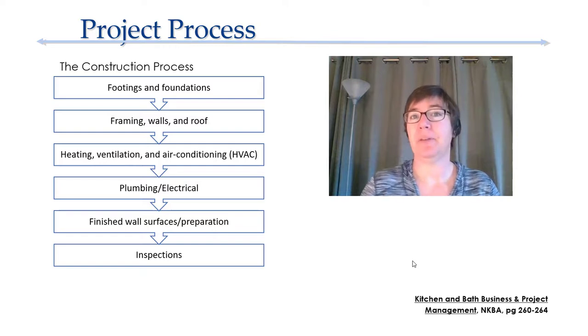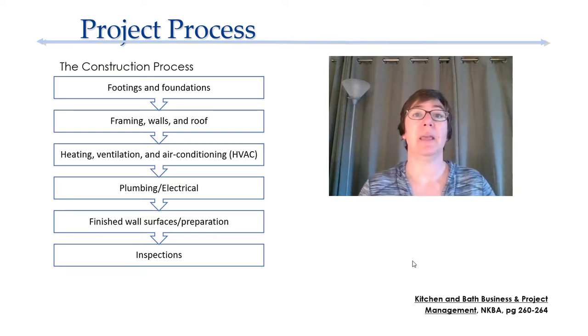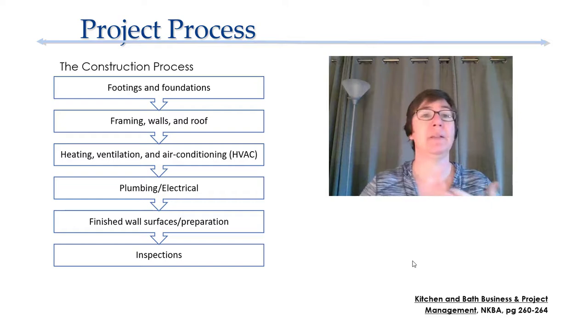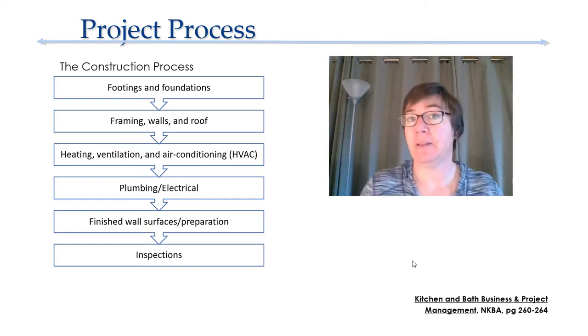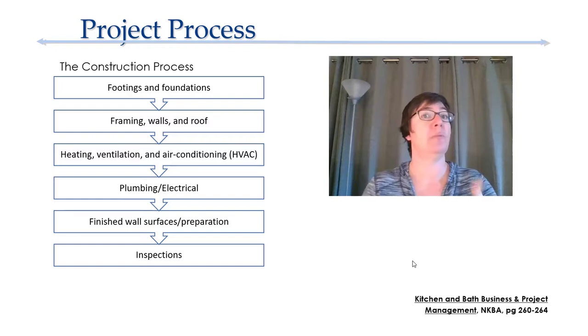The next step to your kitchen and bath design installation project is the construction process, and this is the rough construction. So we're talking about any footings, foundations, any framing, walls and roof, any HVAC that's going to happen, the plumbing and electrical, especially all the rough-in for your kitchen installation.